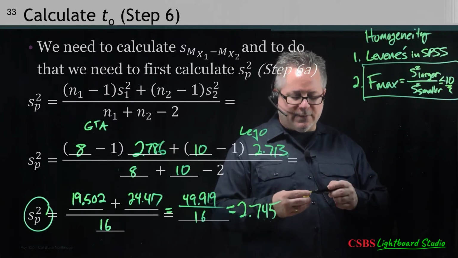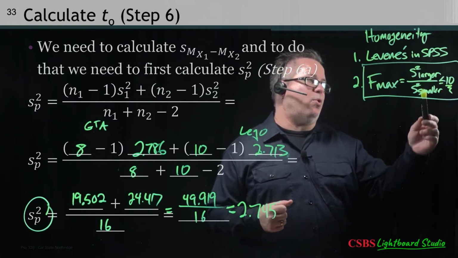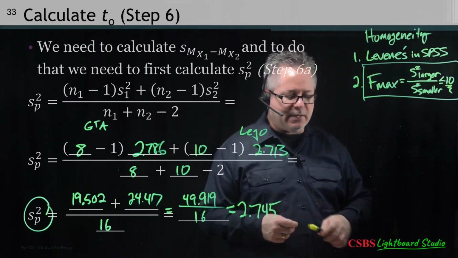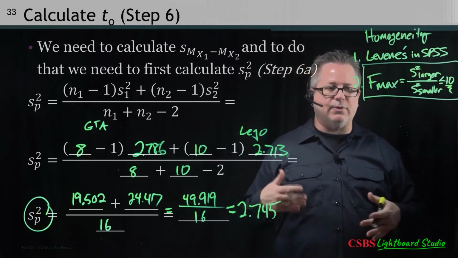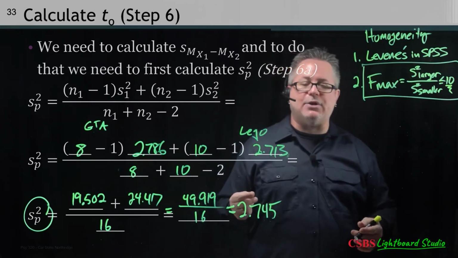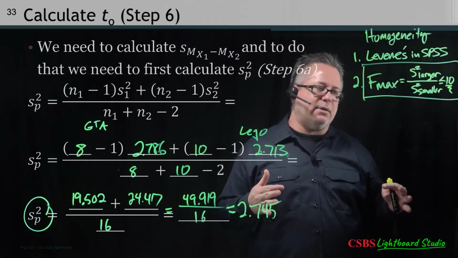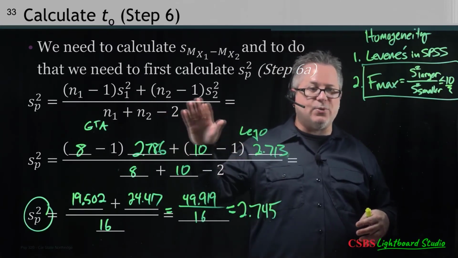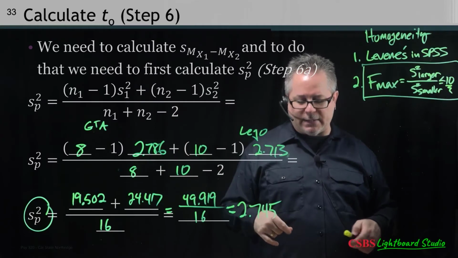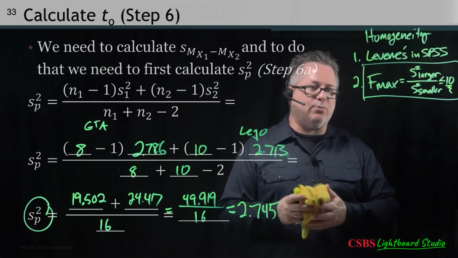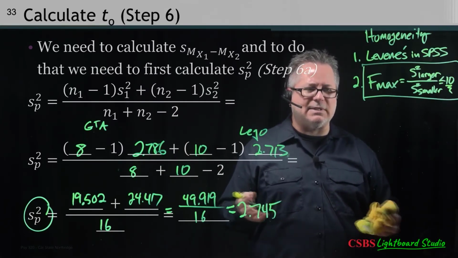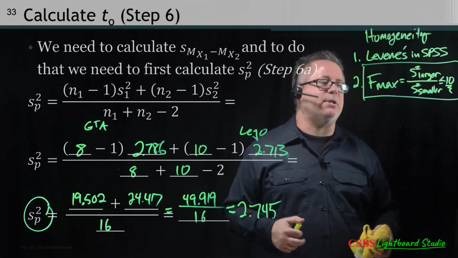Then the variances are homogeneous. If it's greater than 10, then there's a problem. It means you're into this heterogeneity of variance realm, and you really shouldn't pool variances. It becomes problematic because you're averaging things that aren't the same. They're not even similar, so why are you averaging them?